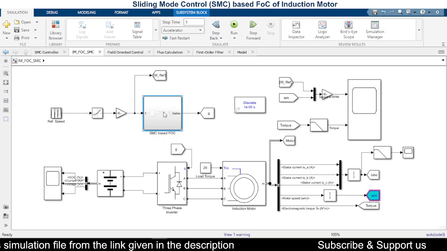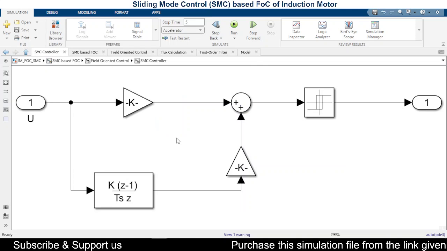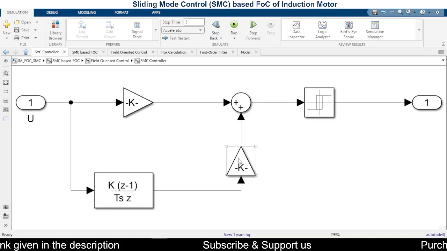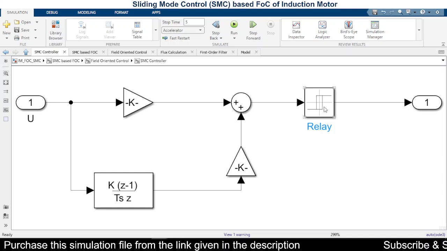Here the error is amplified by using a gain, and in parallel we are integrating the error, and it is multiplied with a gain. After that we add both together, and here we have the sliding surface. The sliding surface is created by using a relay block.